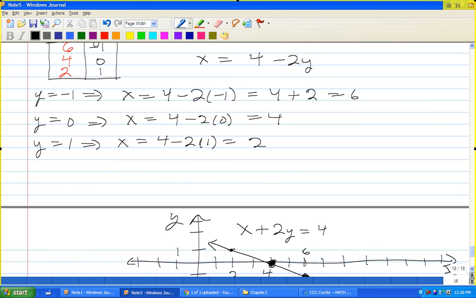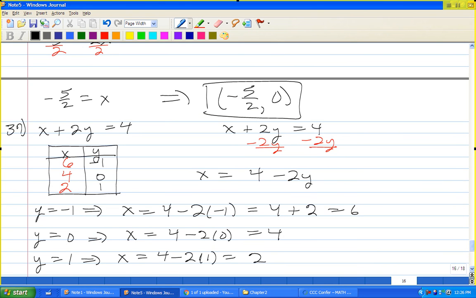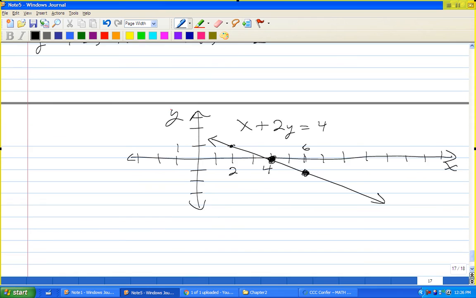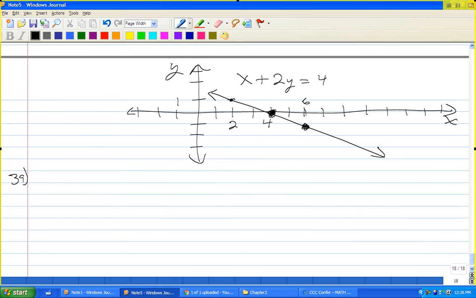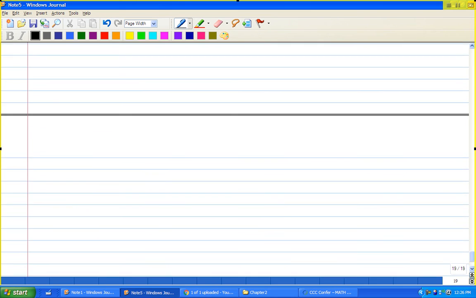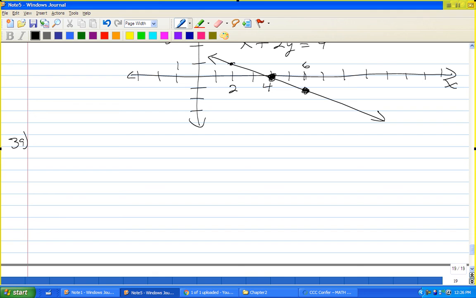Let me do problem number 39. 2x minus 3y equals 0. Let's complete the following table of values.